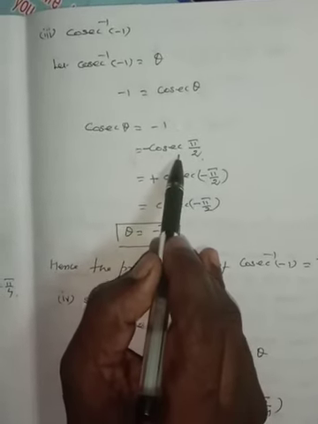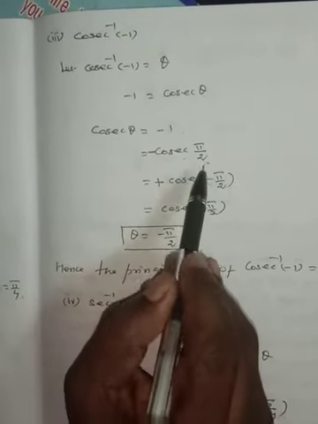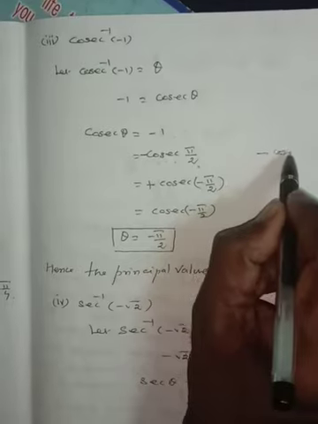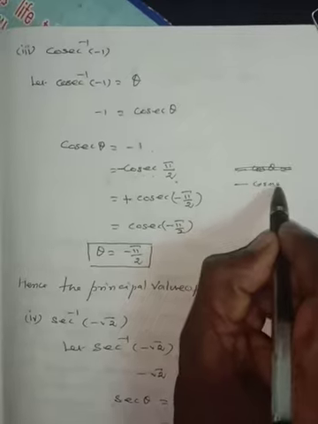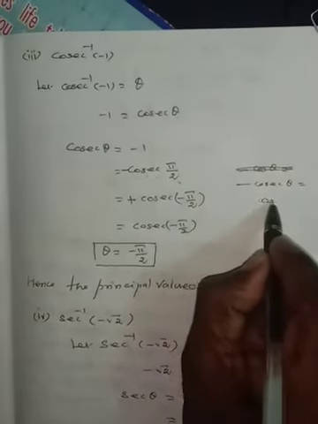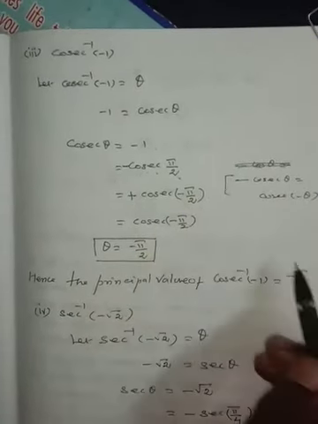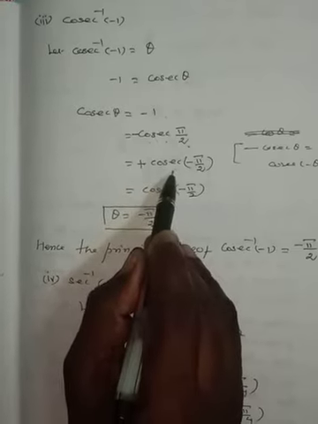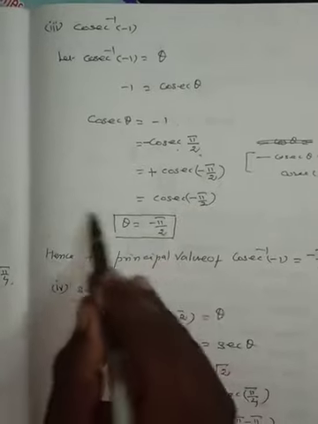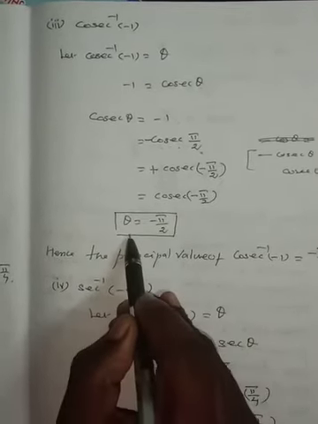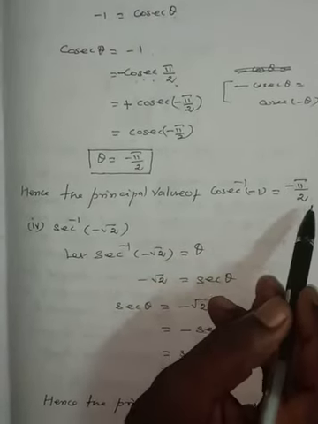Now cosecant of minus pi by 2 is minus cosecant pi by 2, since minus cosecant theta is equal to cosecant of minus theta. Using this result we have cosecant of minus pi by 2. Taking cosecant inverse on both sides, we have theta is equal to minus pi by 2. Hence the principal value of cosecant inverse of minus 1 is minus pi by 2.